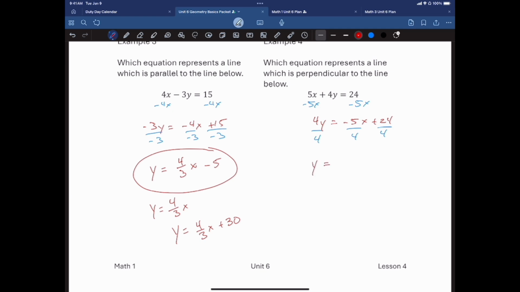So we have y equals -5 over 4x plus 6. So if I want to get a perpendicular slope to this, I'm just going to write y equals, flip and change the signs. We have 4 over 5 x plus 2. That would be an example of a perpendicular line.